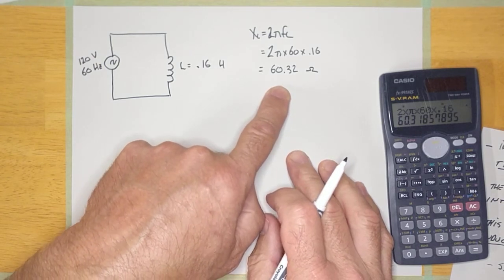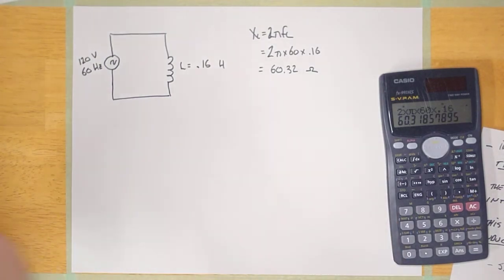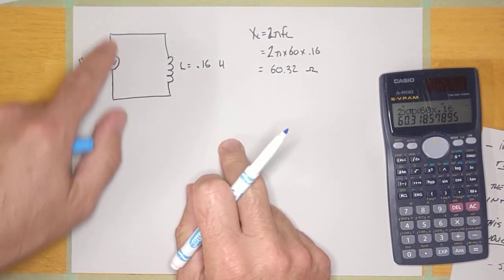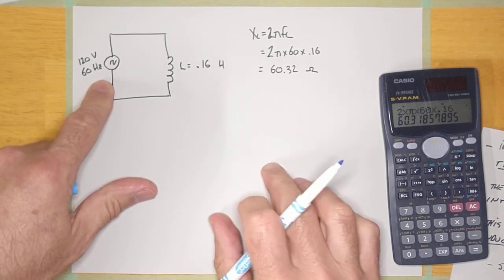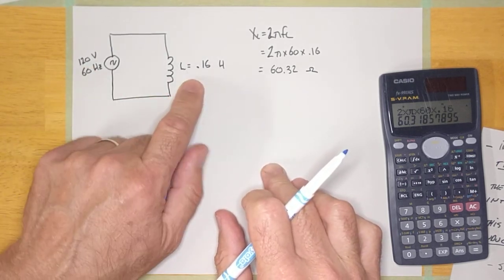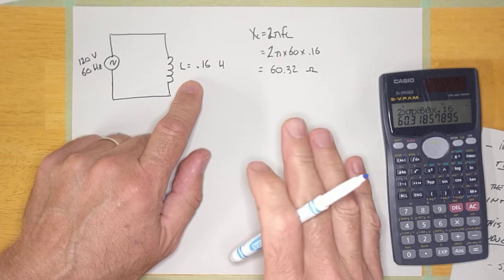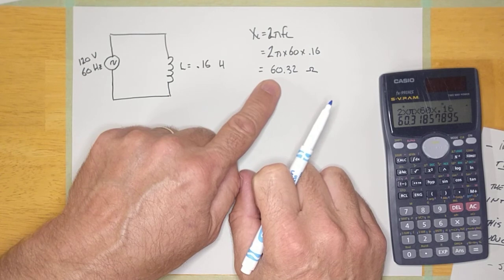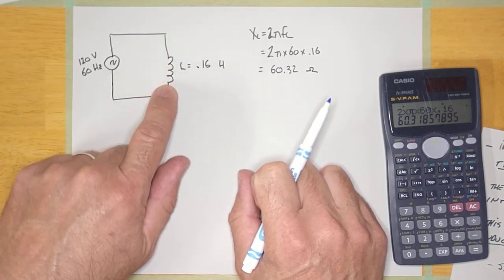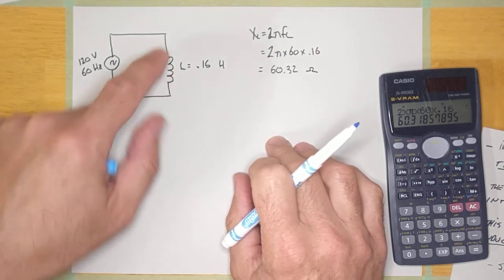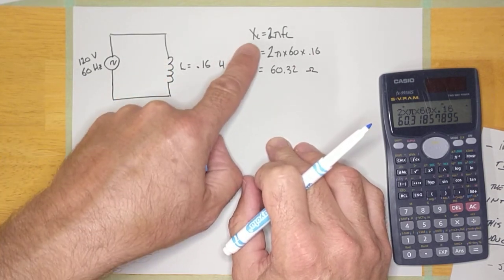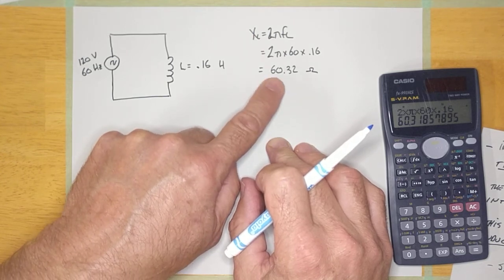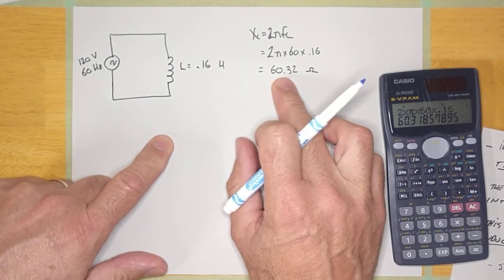And now that we know that, that'll allow us to calculate how much current would flow, because the current flowing in this circuit is going to be the voltage divided by whatever it is in the circuit that's limiting current. And for today and today only, we're going to pretend that this copper in here has no actual resistance, that this thing is strictly 100% inductive reactance, and that it's limiting current and behaving like 60.32 ohms, okay?